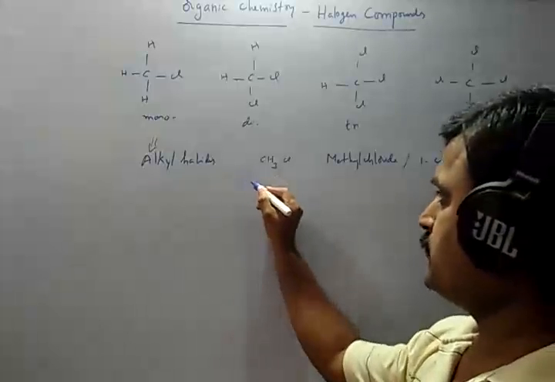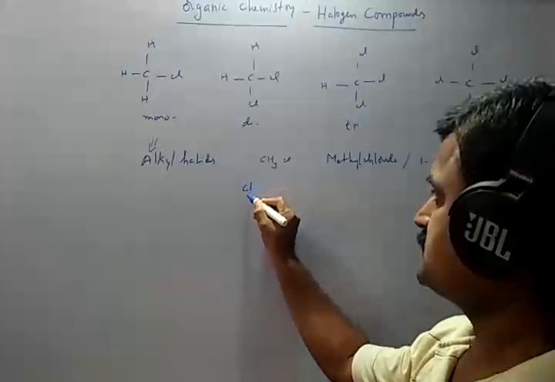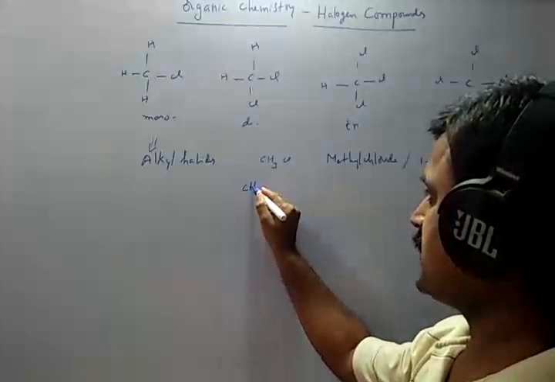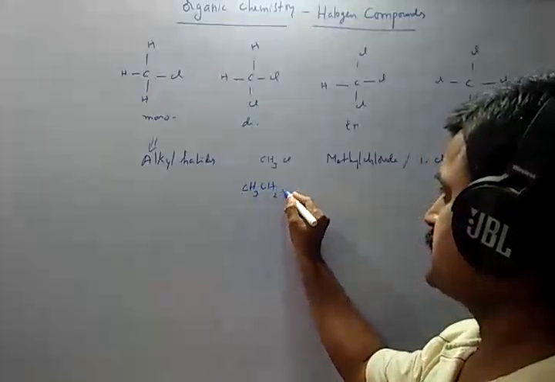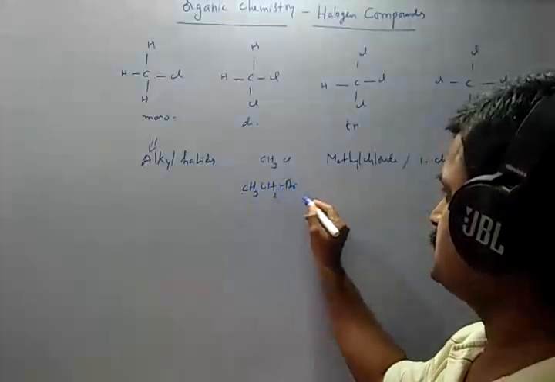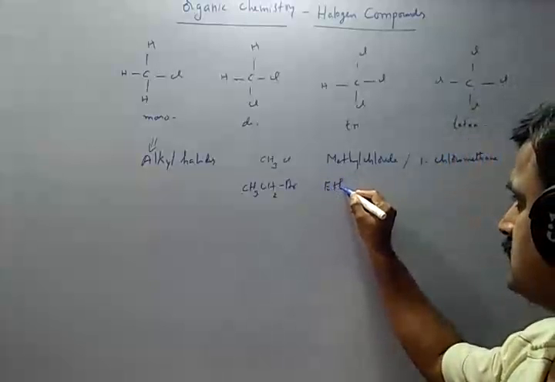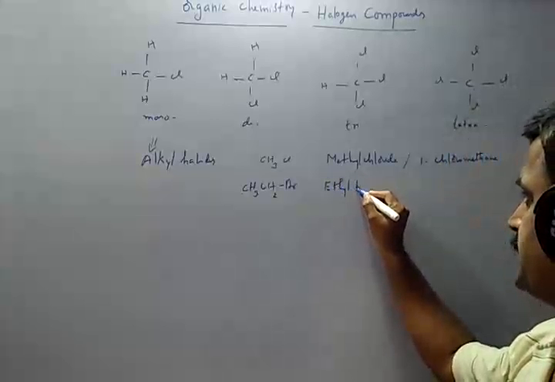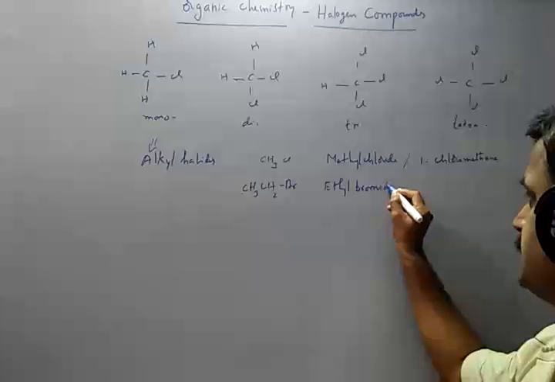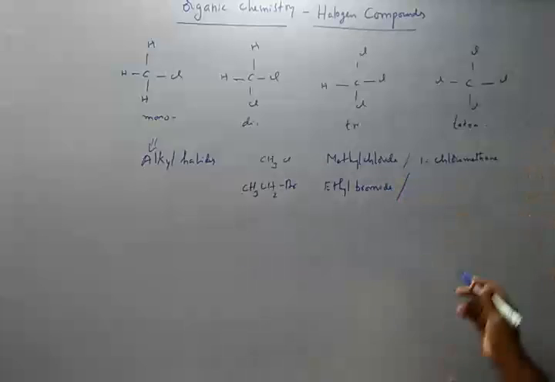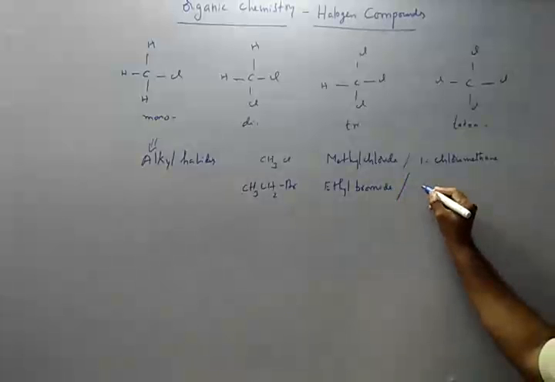We take one more example, CH3CH2Br. We can call this ethyl bromide, or as per IUPAC nomenclature, bromoethane.